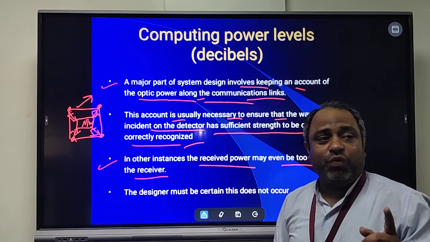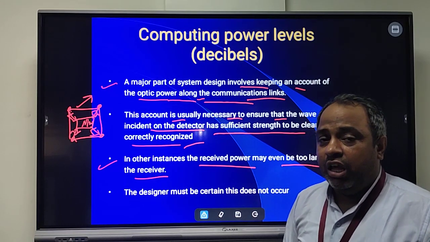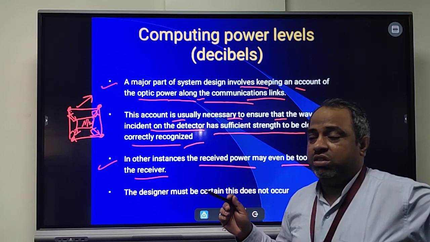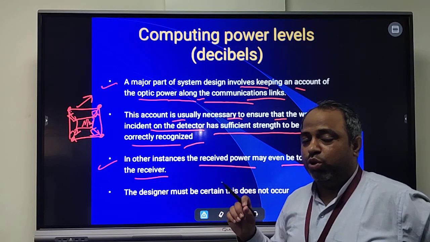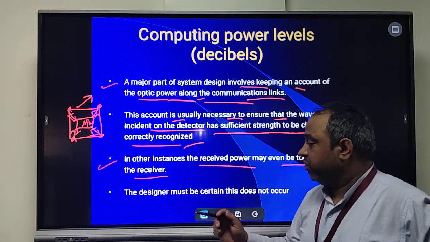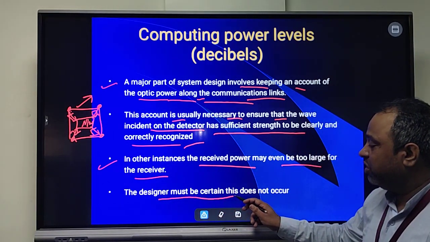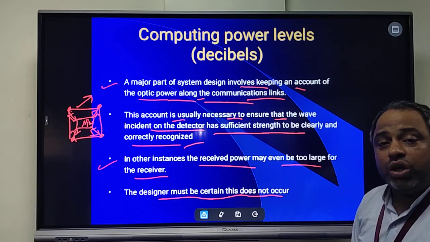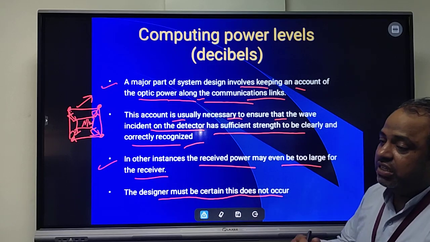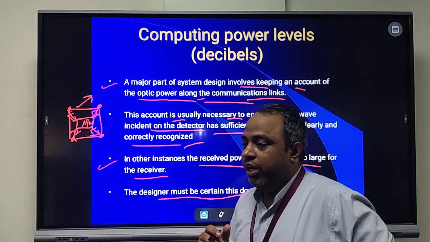If you know what kind of data I am sending and you understand what kind of data I am receiving, it means the data balance between both is effectively, efficiently, perfectly used. Now, the designer must be certain that this does not occur. Always the designer, the main architecture. If I design a network, I know everything.